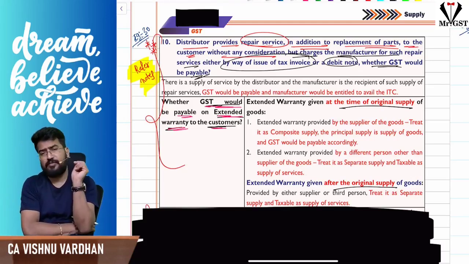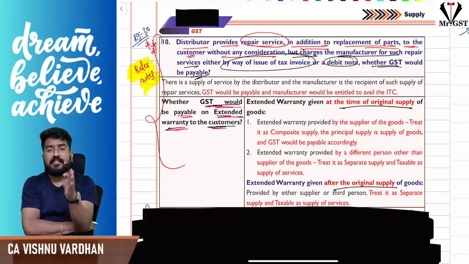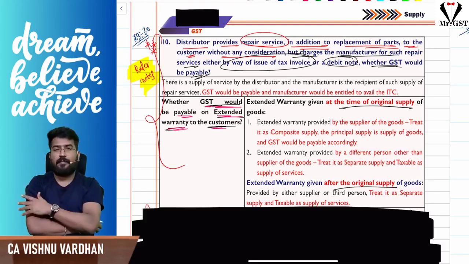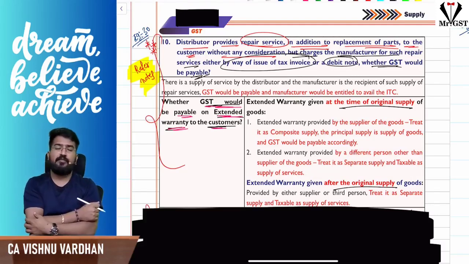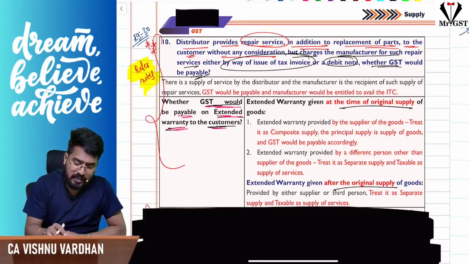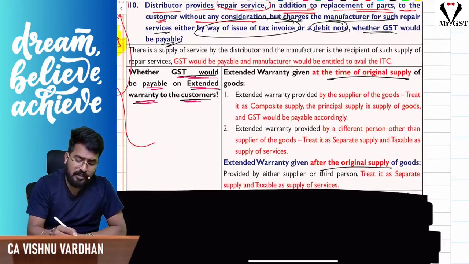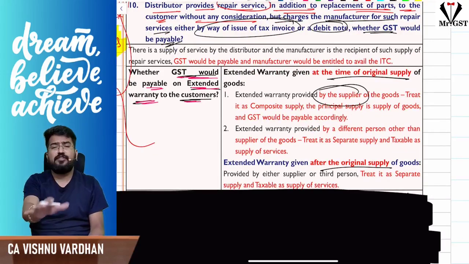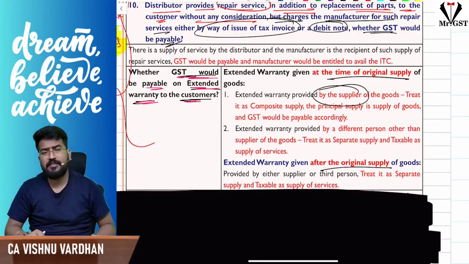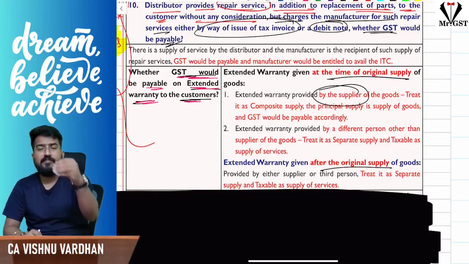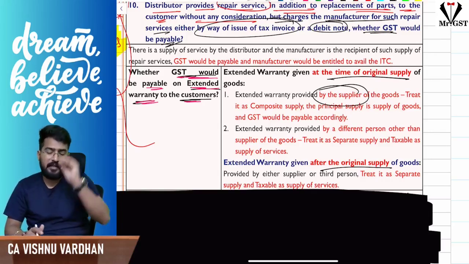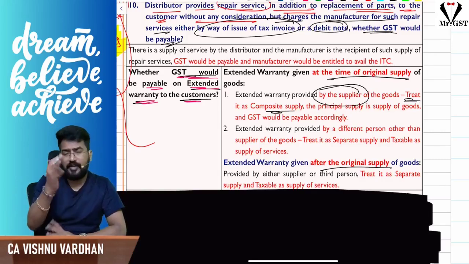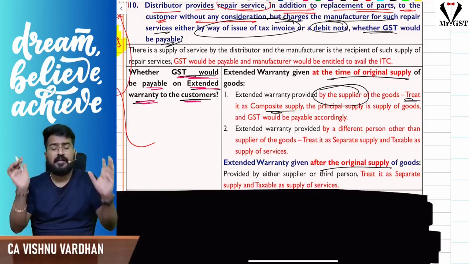There are two possibilities. First of all, whether this extended warranty is given at the time of buying that product itself or later on. If that is given at the time of buying the product itself, then please understand, if the extended warranty is provided by the supplier himself, I am buying the mobile phone, let us assume in Sangeeta Mobiles, and Sangeeta Mobiles itself is giving me the extended warranty, then it is nothing but part and parcel of the main supply, so it is treated as a composite supply and will be taxed accordingly.